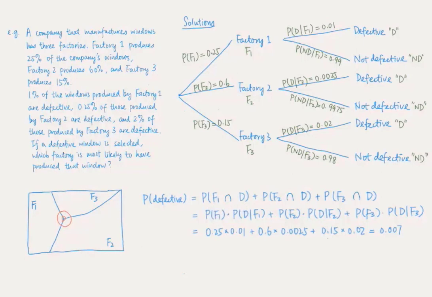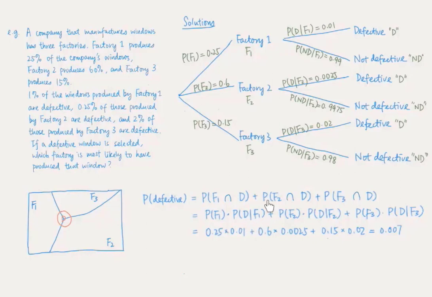According to the formula for conditional probability, we can rearrange it to get that the probability of F1 intersects D, where F1 denotes factory 1 and D denotes defective, equals the probability of F1 times the probability of D given F1.